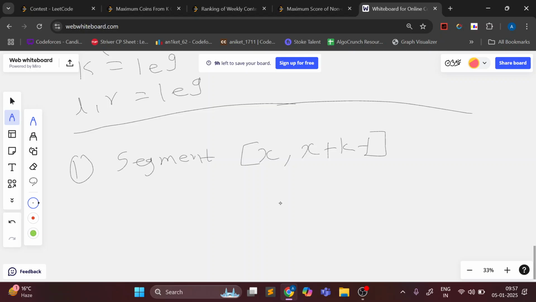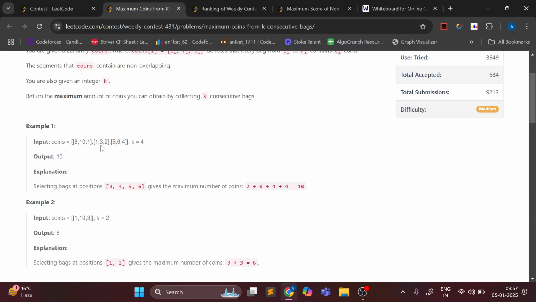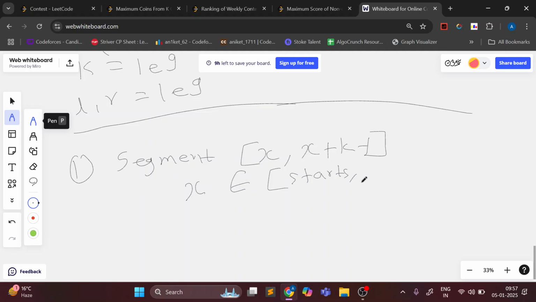What I assumed was that the starting element x is either equal to the start of one of the segments, the starts of all the intervals, so 8 to 10, 1 to 3, 5 to 6, or it is one of the ends.